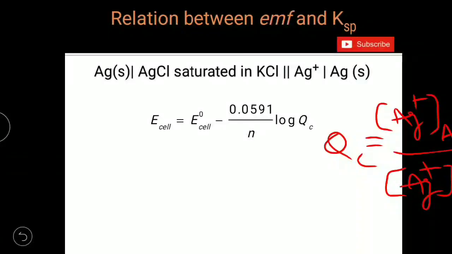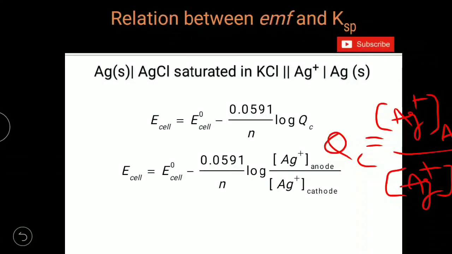Substitute that Qc here, then you will get E cell equal to E naught cell minus 0.0591 by n log silver ion concentration at anode by silver ion concentration at cathode. And this is a concentration cell because both the half cells have silver electrodes, the same material. For a concentration cell, E naught cell value is equal to 0.